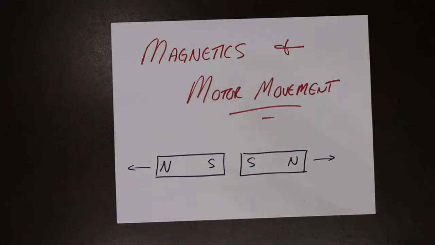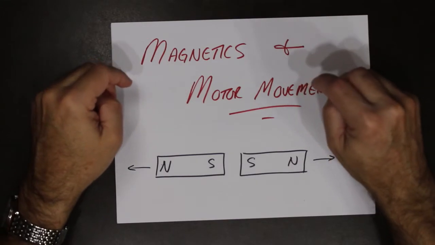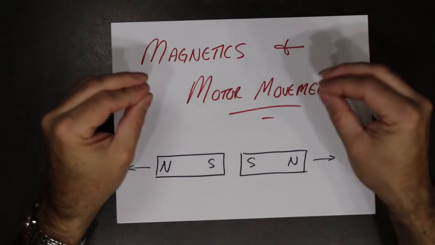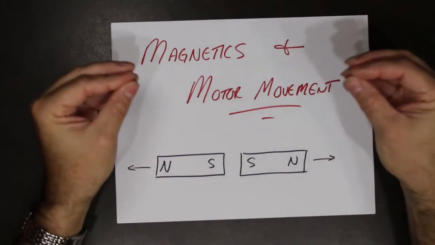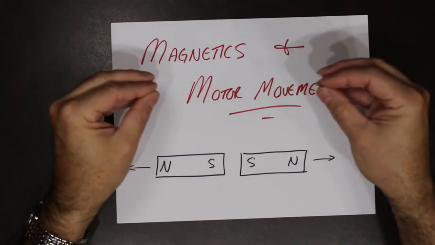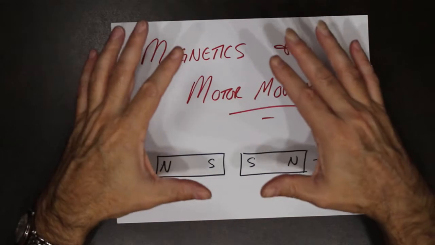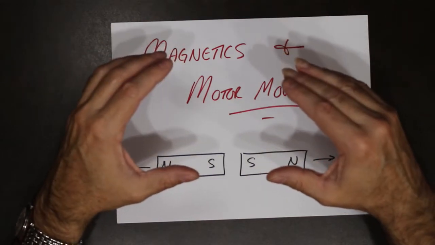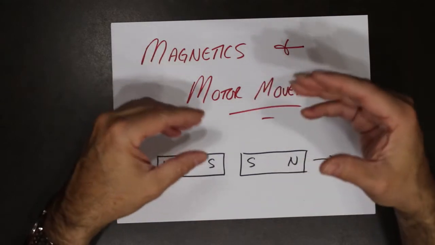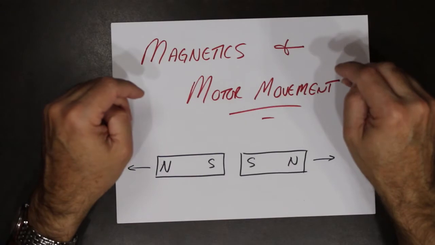What we're going to be looking at today is magnetics and how it causes motor movement. So we know from previous lectures that with magnetics, like poles are going to repel and opposite poles are going to attract, and that's all based on the theory that Michael Faraday had, where we look at the magnetic principles as magnetic lines of force, and they have certain characteristics.